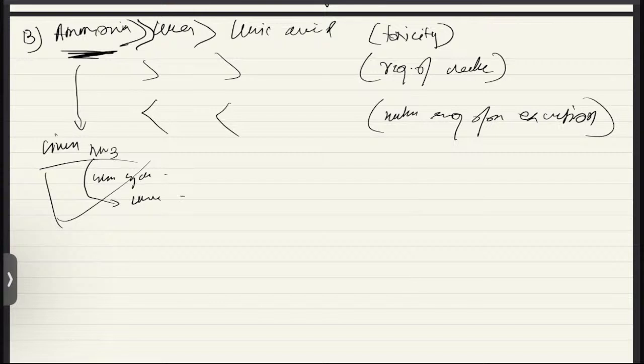So urea cycle, ornithine cycle, Krebs-Henseleit cycle, all these cycles will convert ammonia into a less toxic form called urea. Now this urea is going to be excreted by the kidneys. The kidneys will take up the urea and throw it out of your body. The liver will again convert ammonia into urea so that it is excreted by the kidneys. That is how all of it works.